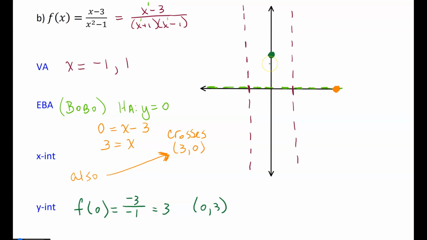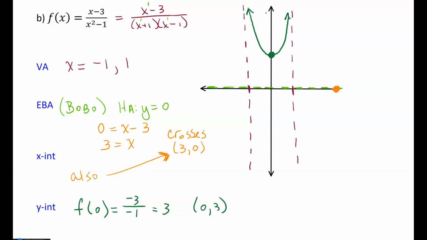Which means when I'm looking at this graph, it can't turn downward, because if it turned downward, it would have to cross over the horizontal asymptote, and we've already established that it cannot do that here. So there's only one direction this graph can go, and that has to be upward. So both tails will go up towards positive infinity. Again, they'll approach those vertical asymptotes but not touch them.